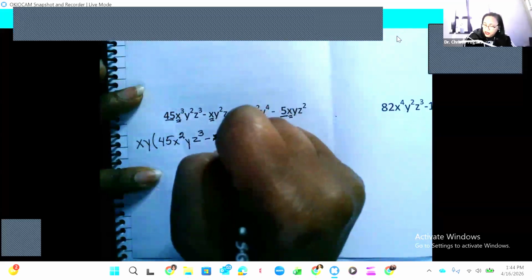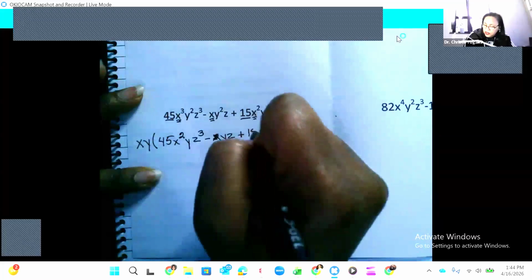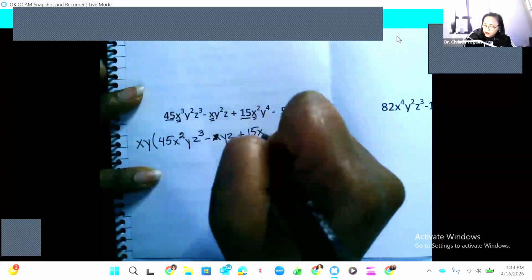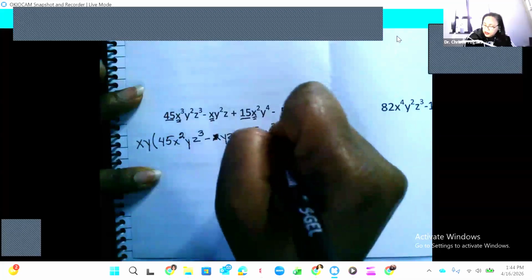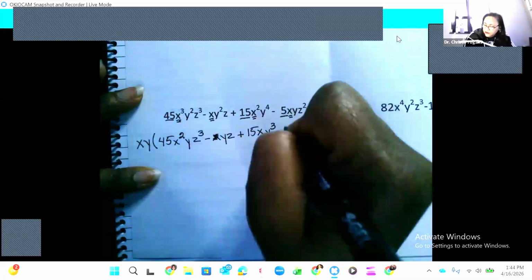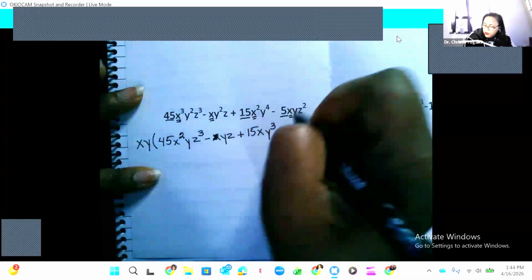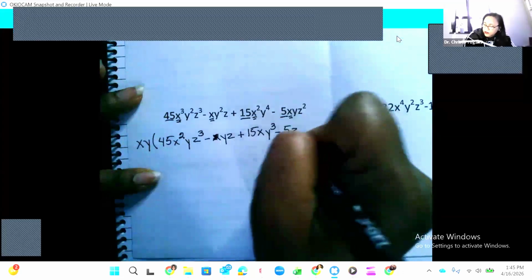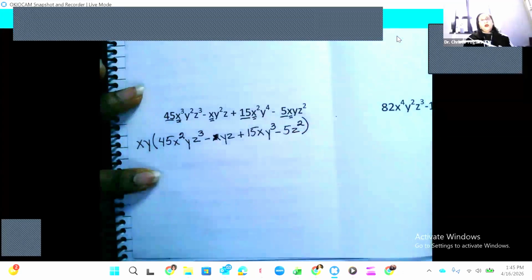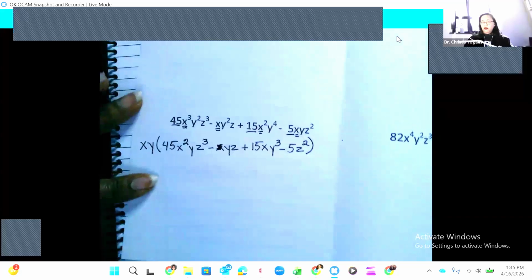And then plus 15, I have 1x left and 3 y's minus 5. I can take out both the x and y because it's out here already. And then I have z squared left. Okay. And if ever I make a mistake, because there's probably going to be a time that I make mistakes, just let me know.